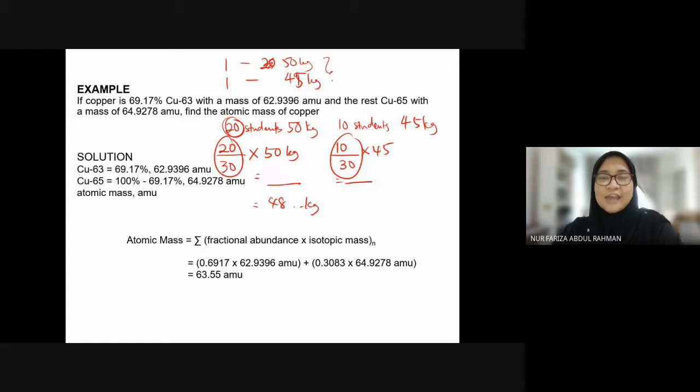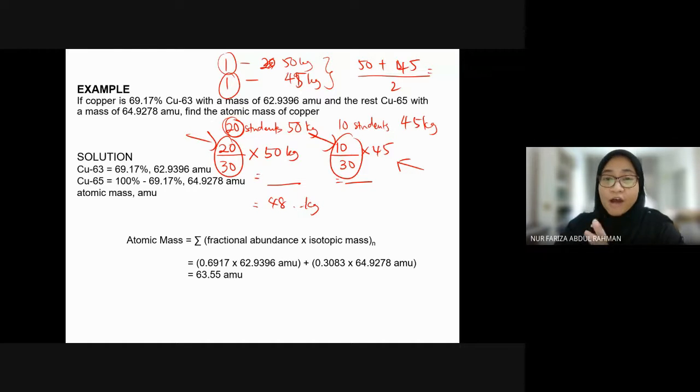To get the average of these two students, what we do is 50 plus 45, divided by 2. This is the average because we are dealing with simple numbers, or the abundance is not as many as what we have here. So this is actually the same as what we have here.